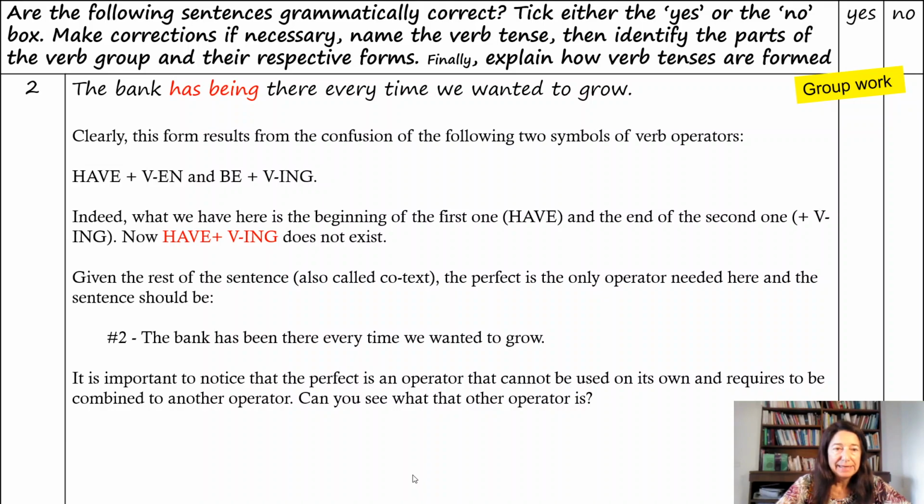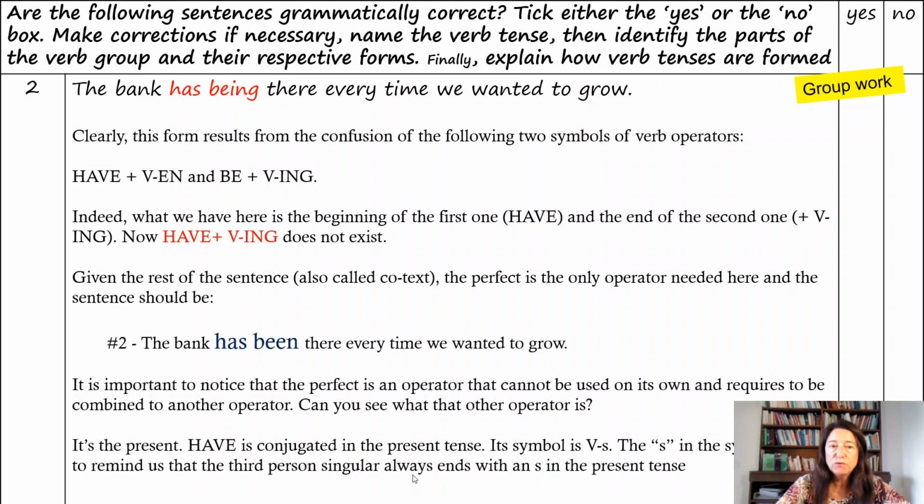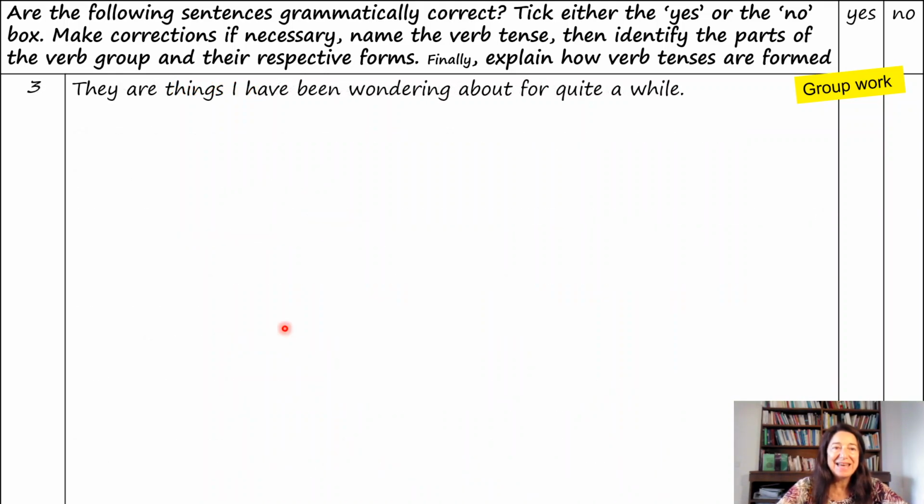Okay, now let's go on to the next sentence, I guess. They are things I have been wondering about for quite a while. So here the verb form is have been wondering about.